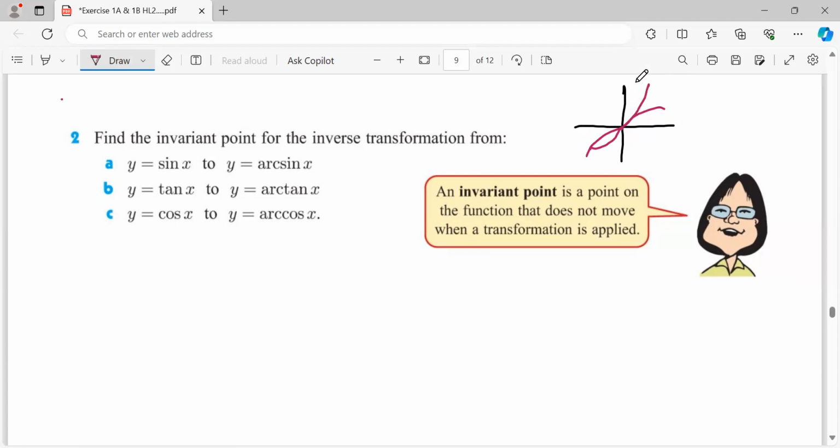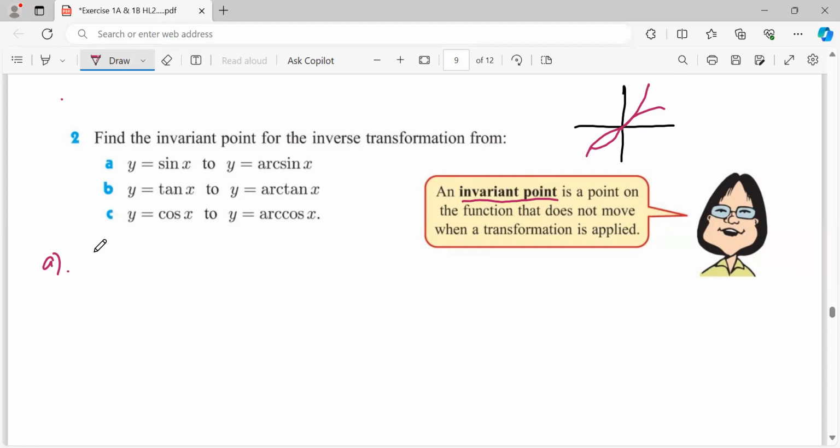That's a true graph, but I will discuss the understanding of the invariant point.